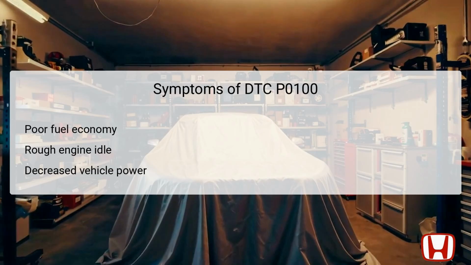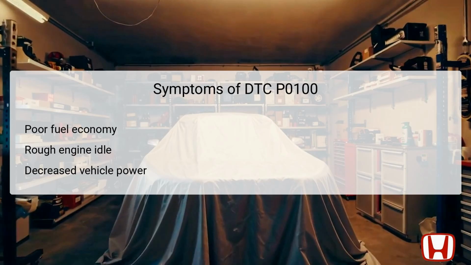The symptoms associated with DTC P0100 can significantly impact driving experience and vehicle performance. Drivers may notice poor fuel economy as the PCM struggles to maintain an optimal air-fuel mixture with inaccurate data from the MAF sensor.